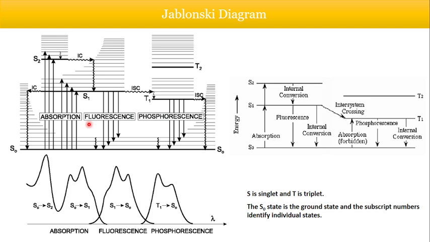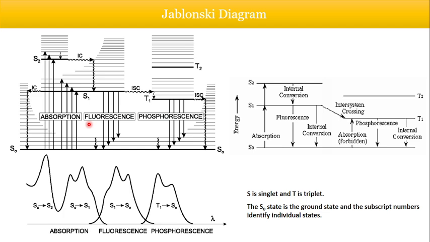Now summarizing, fluorescence is absorption plus loss of energy, where the electron stays in the same state but at a lower energy, and then the energy radiated is fluorescence. Here internal conversion occurs.